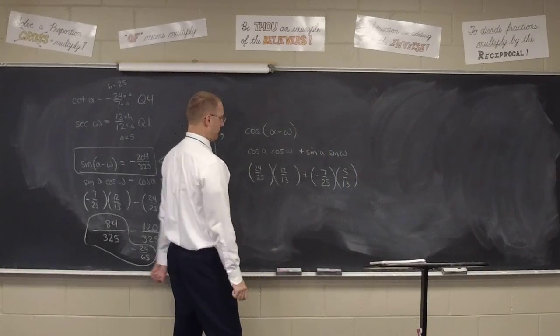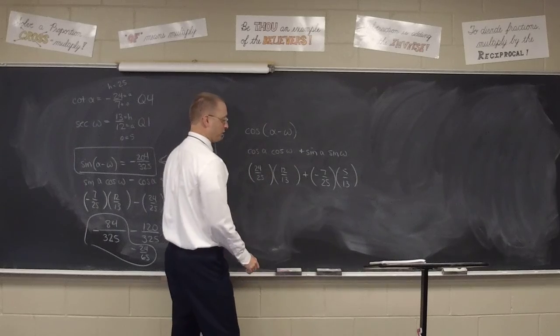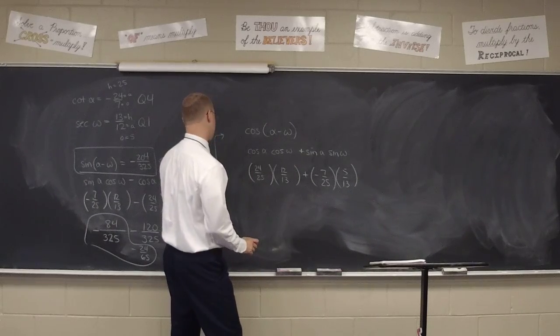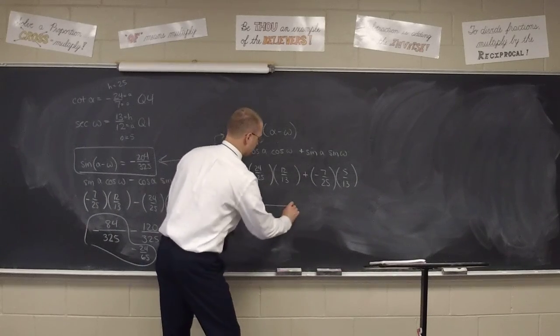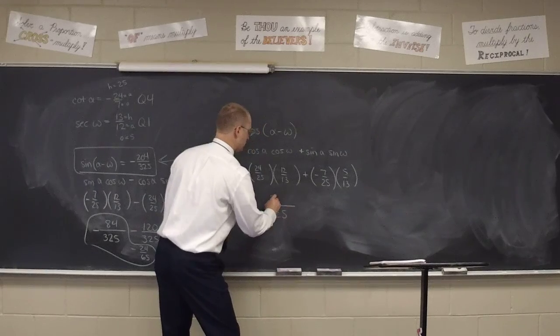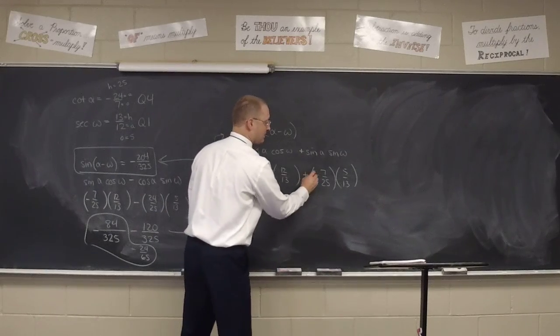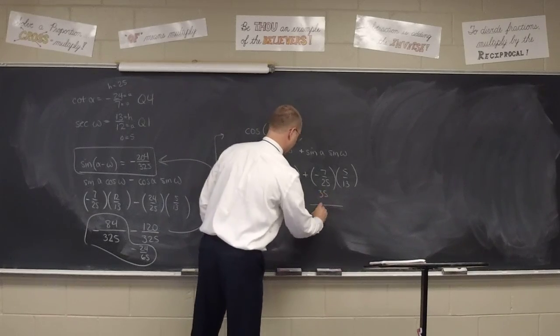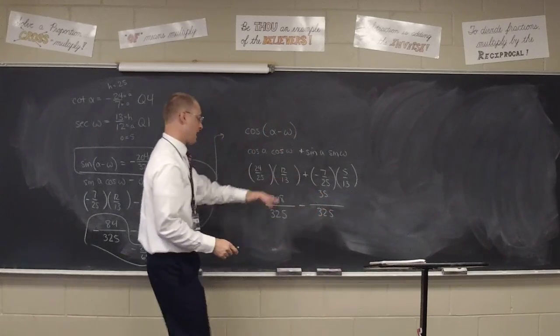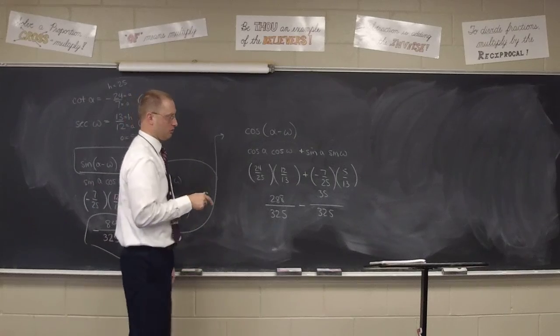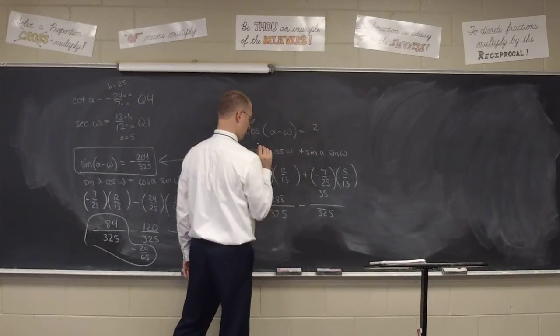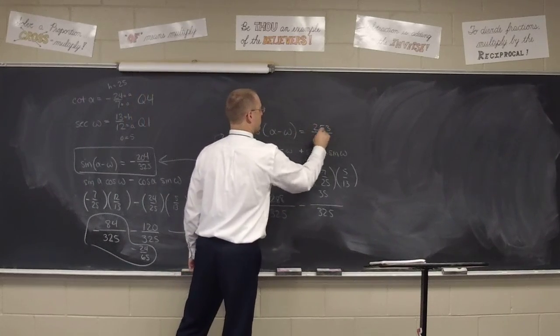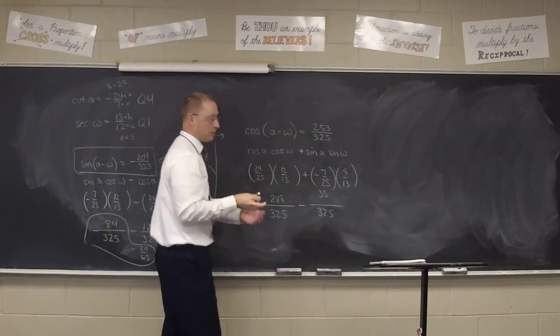We multiply 24 25ths times 12 13ths. 325 is the denominator. It is 288 over 325. Positive, negative, positive gives me a minus 35 over 325. And when we subtract, we get 253 over 325.